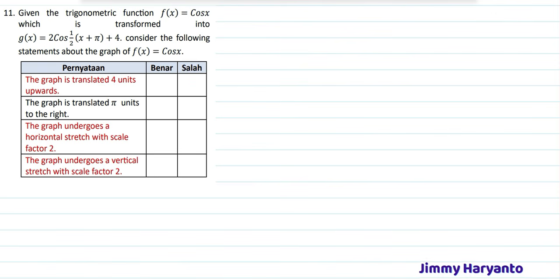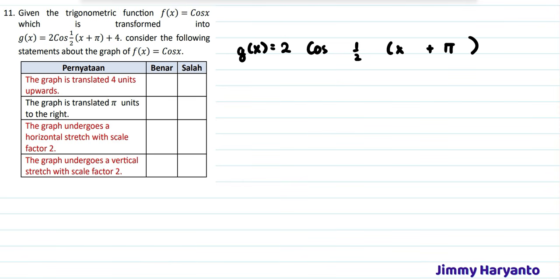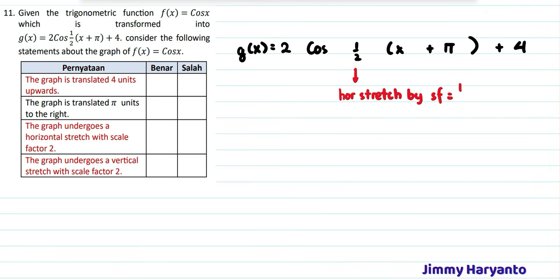Next is question 11. We have 2 cos x equals 2 cos half x plus pi, and then plus 4. We will start from here. This one is a horizontal stretch by scale factor of, remember for horizontal stretch it has to be 1 over the value, the reciprocal of half.